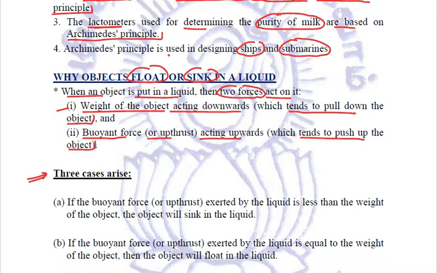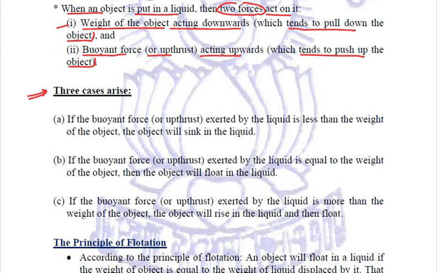Now we have got three options. What are these three options? We are talking about two forces. One is the buoyant force and one is the weight of this object. The first case is that if the buoyant force or the upthrust exerted by the liquid is less than the weight of the object, then in that case the object will sink in the liquid.